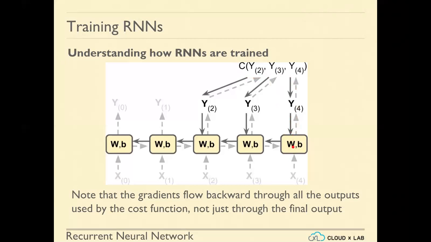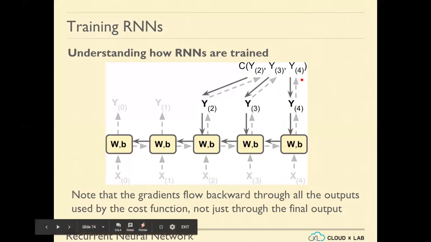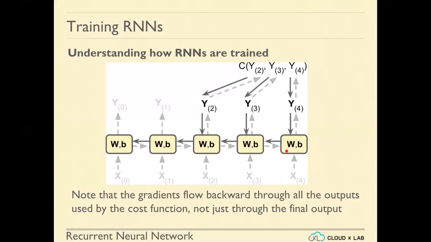Now, if we just assume this part, we will get the rate of change of cost with respect to W, and we would subtract that from W and move ahead. But Y4 is not only a function of W here, it's a function of the previous W as well.